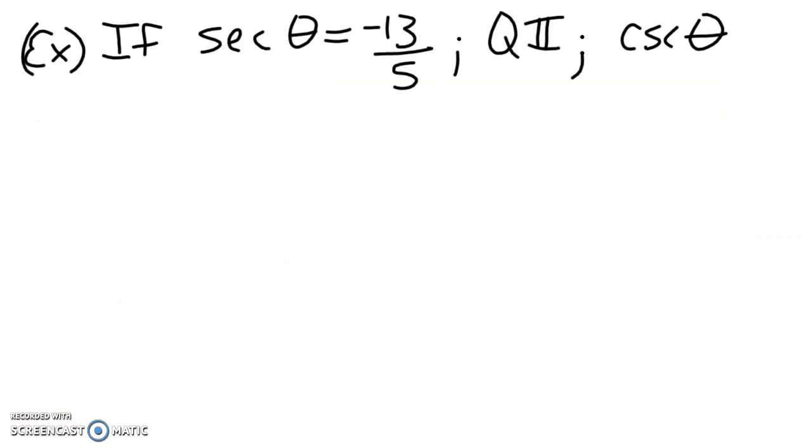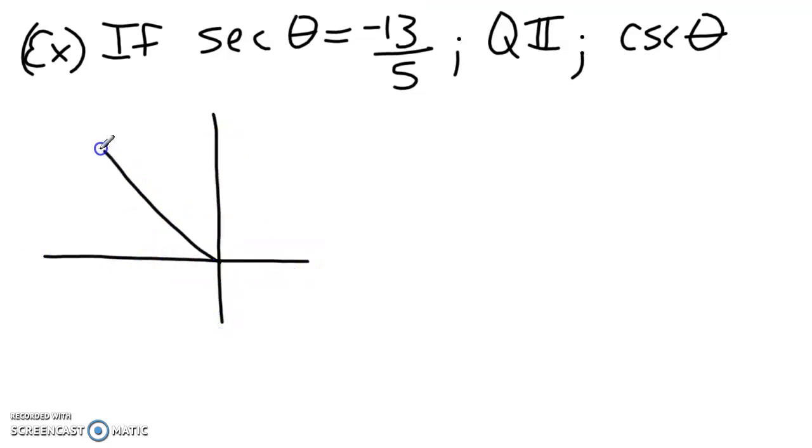Okay, so our angle theta is in quadrant 2, so I'm going to draw a quadrant 2 angle, and then that reference triangle. And secant is what over what?